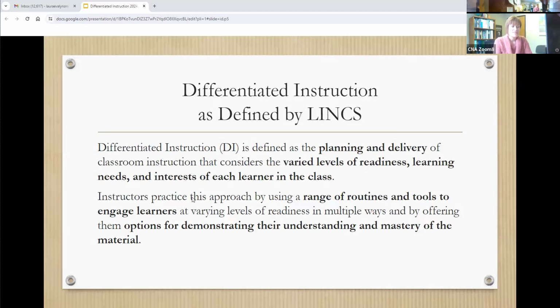They define differentiated instruction, or DI, in this way: the planning and delivery of our instruction considers varied levels of readiness, needs, and interests. We employ this approach with different routines and tools to engage our learners. And I love that phrase, engage learners. We give them lots of options as well for demonstrating their mastery of material.